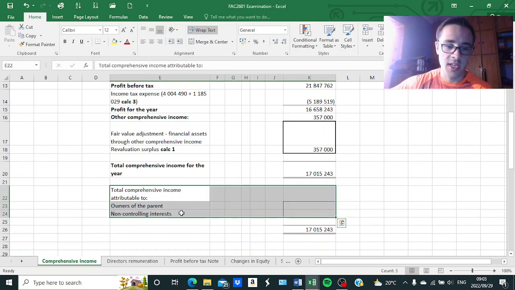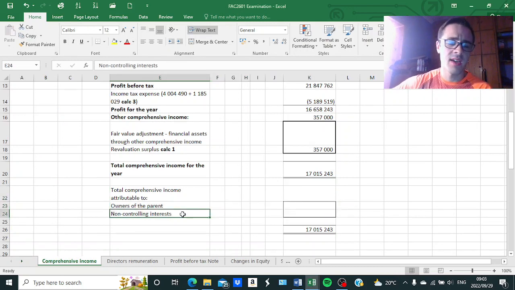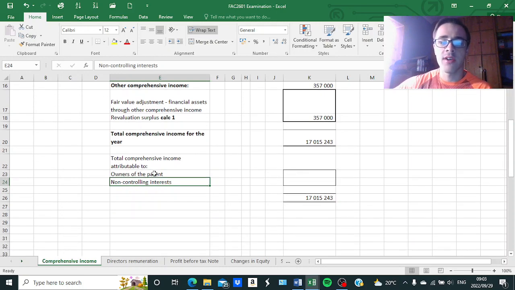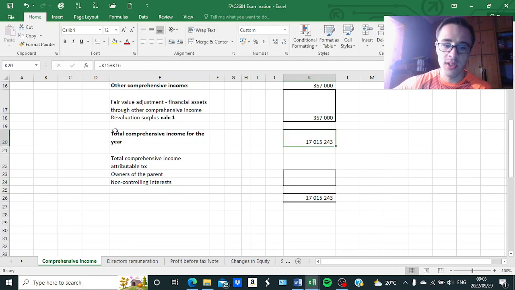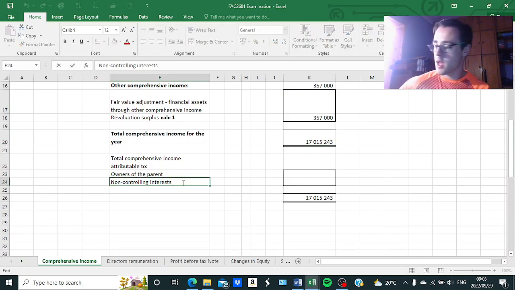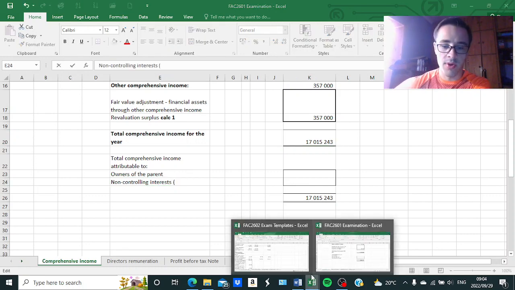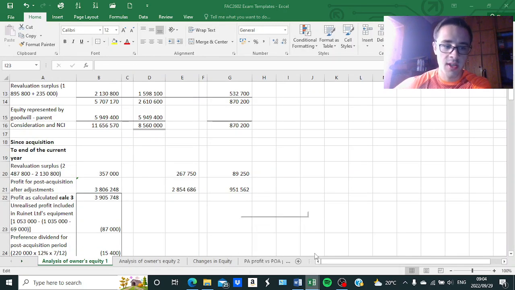As I said at the beginning of part 1, I prefer calculating the non-controlling interest amount first, and then just subtracting this amount from the total in order to give us the amount attributable to owners of the parent. So how do we calculate the amount attributable to non-controlling interest?